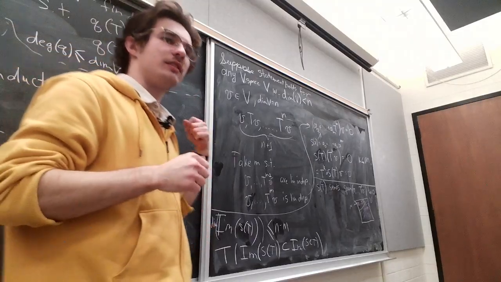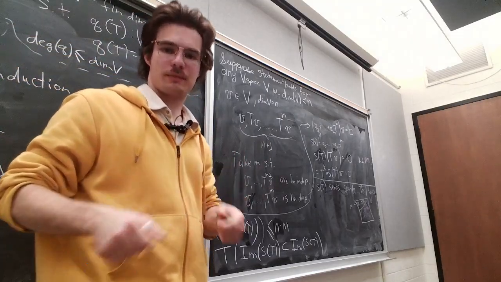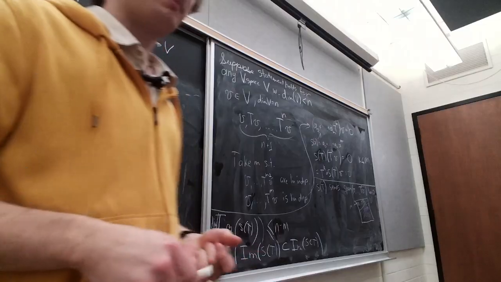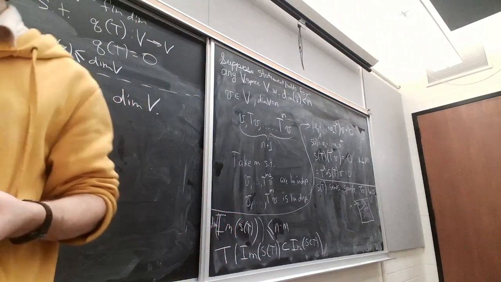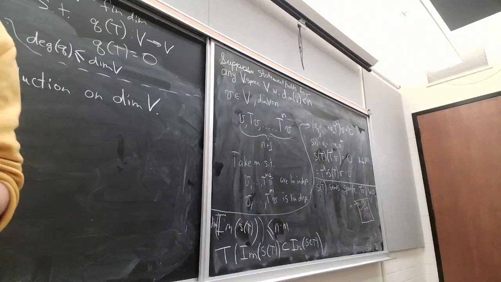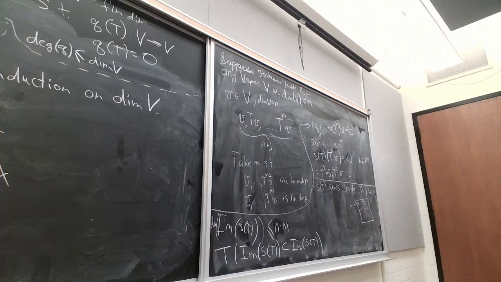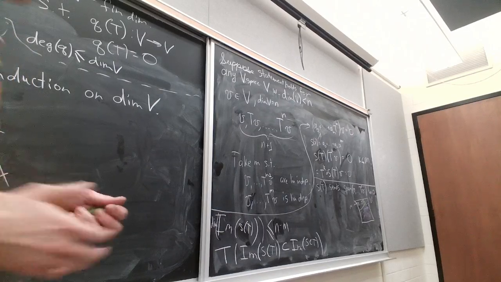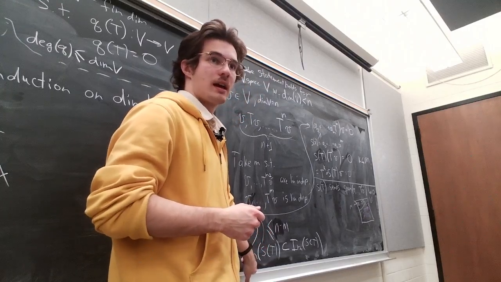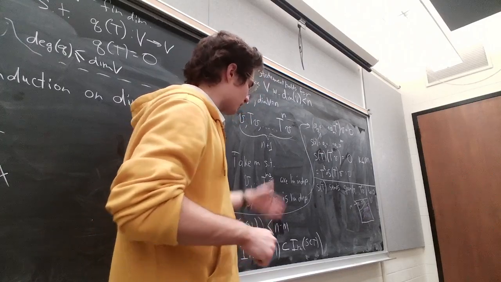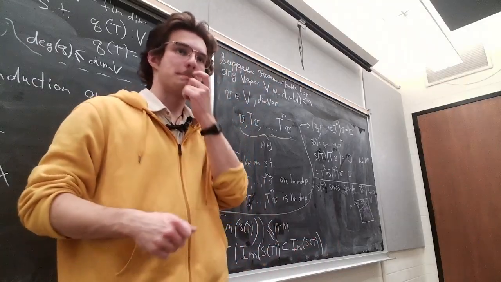The idea is T restricts onto the image of S of T. We've done this just before, the same idea. If I take a vector in the image of S of T and then apply T to it, I'll get something that's still in the image of S of T. How do I know this?